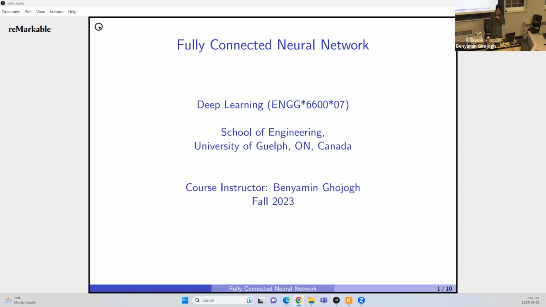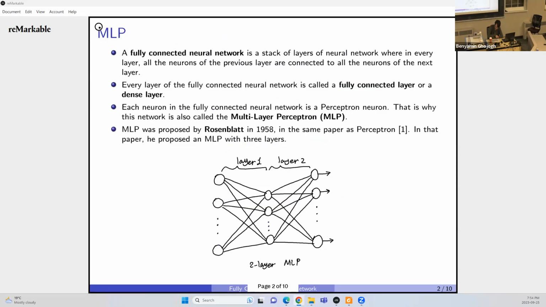Now, a neural network with one layer is finished. So let's move on. Let's increase the number of layers. Let's have multiple layers, and that's a fully connected neural network. A fully connected neural network is just a stack of layers of neural network.